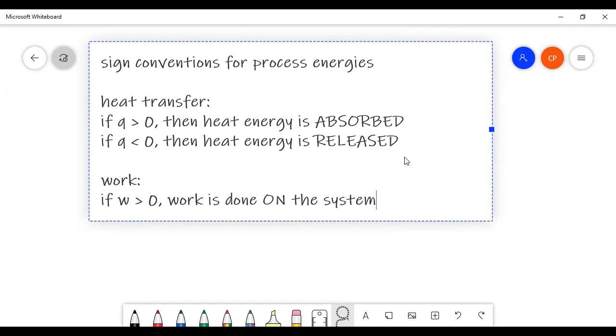If work is greater than 0, that corresponds to work being done on the system. That corresponds to us coming in from outside and investing work into the system. This corresponds to the piston in the container from Tuesday, where we compressed its volume. Delta V was negative, so work turned out to be positive.